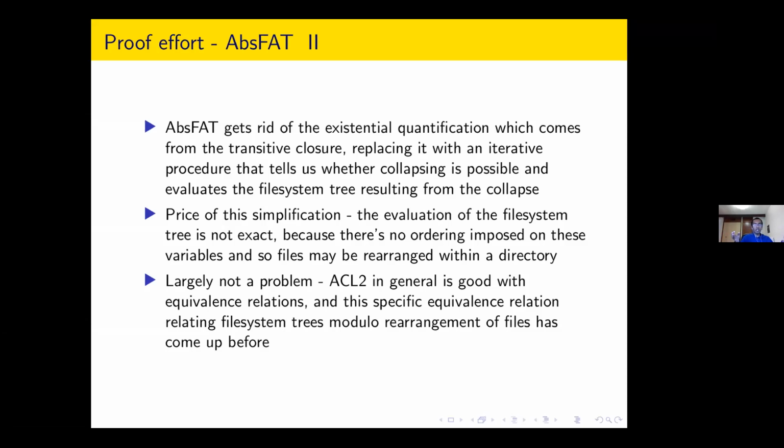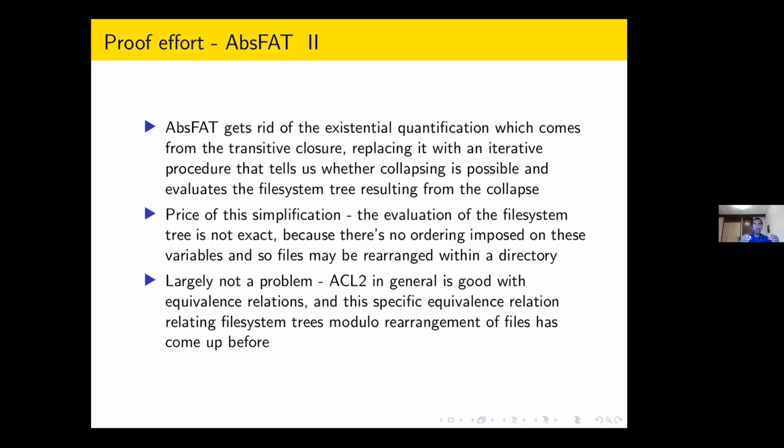So beyond the conceptual level, also at a pragmatic level, we don't have trouble with this, because ACL2 has a lot of support for equivalence relations, and we've already had to handle this issue of rearrangement of files within file system trees before. So we already have this kind of infrastructure for it, and we are not struggling with it anymore.